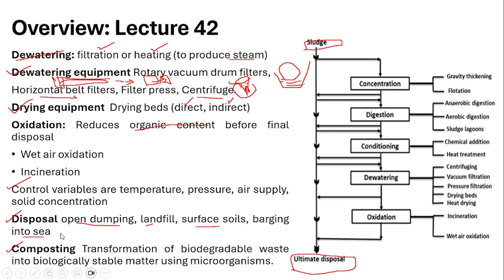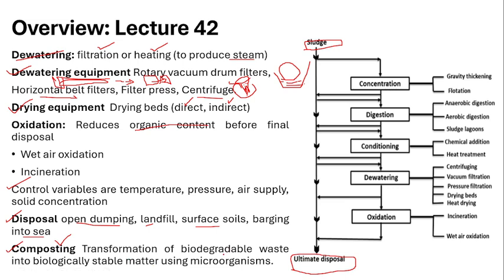So in the composting process, what happens is the transformation of biodegradable waste into biologically stable matter using microorganisms. Composting can use bacteria or it can use earthworms, which is another subtype of composting called vermicomposting. So it can use microorganisms or other organisms.